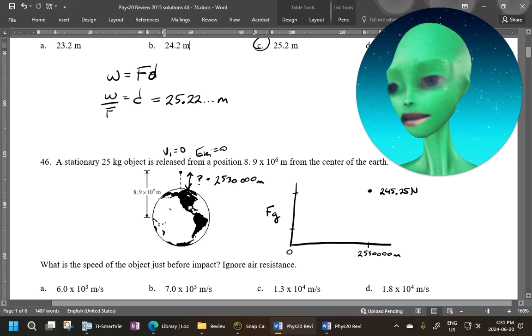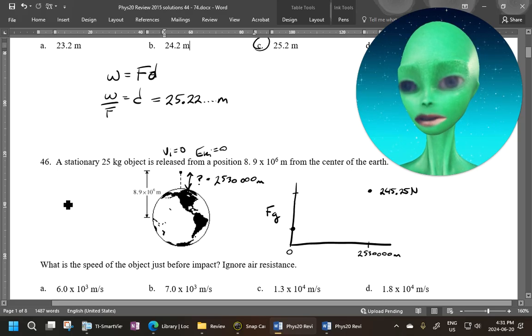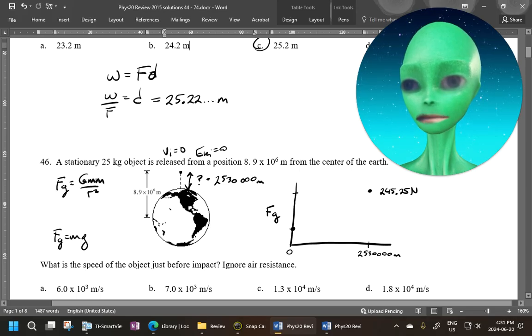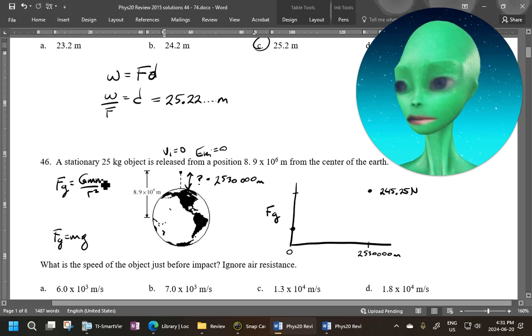And then at the 0 point, that's way up there at the 2 million mark, I had to find out what that force of gravity is. We have two forms of the force of gravity: mass times gravity, or GMm over r squared. Mass times gravity is really easy. So this is at the ground. That's 9.81. That's where this number comes from.